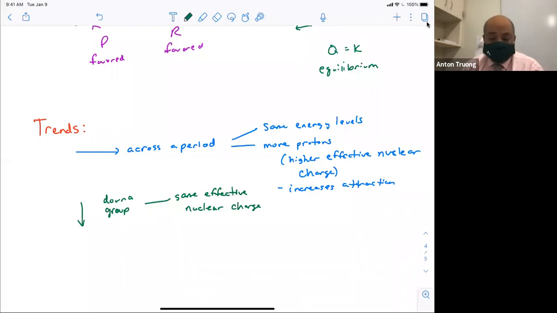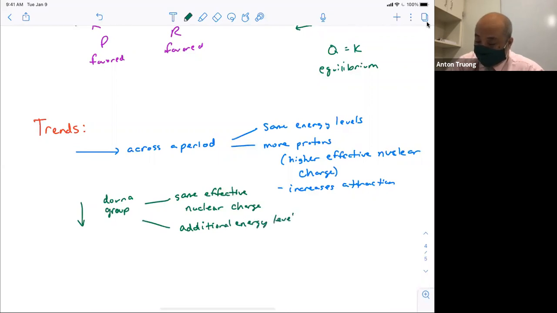So that's the same effective nuclear charge, but what's different is additional energy levels, which means more shielding of attraction.